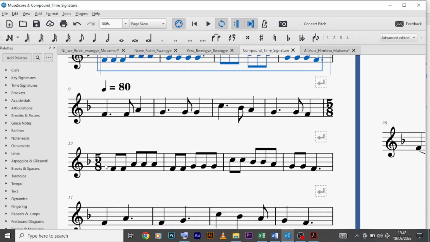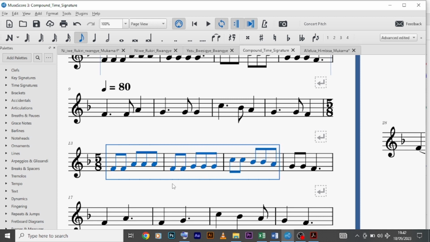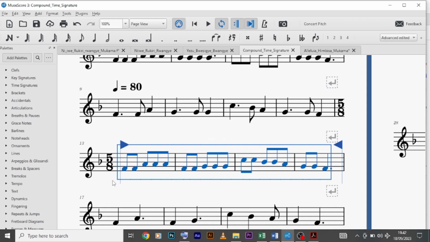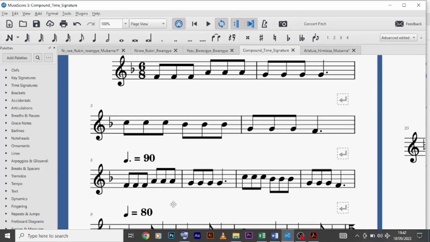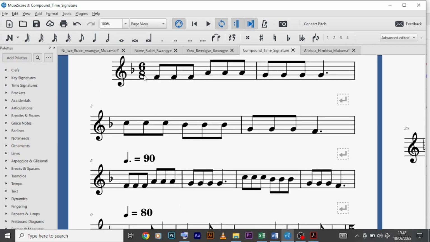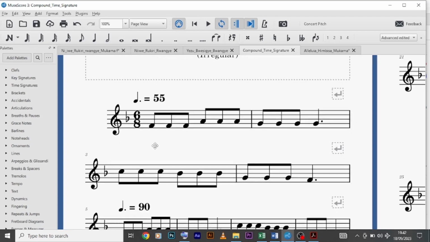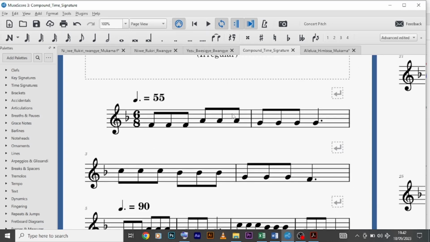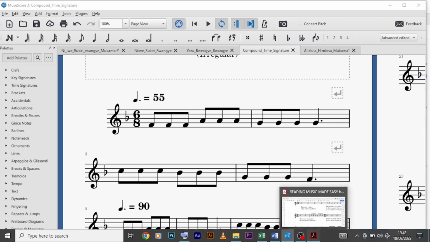I want us to understand where the 5/8 time signature comes from. It is our main focus today. The 5/8 time signature is a compound time signature, the same way we have 6/8 here. 6/8 is derived from dotted crotchets, dotted quarter notes.